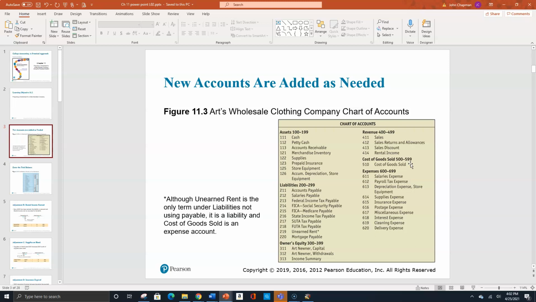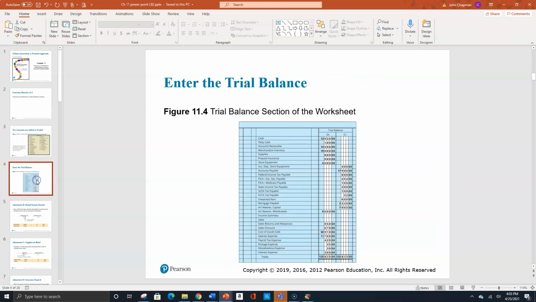And then different expense accounts or liability accounts get added as you need them, like unearned rent. Is there any other ones? That might be all for this particular one. Although unearned rent is only termed under liabilities, not using payables, it is a liability, and cost of goods sold is an expense account.